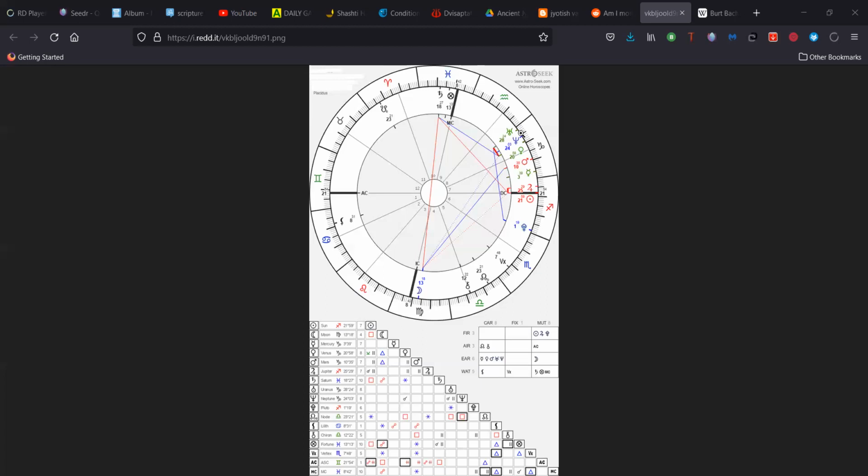Mars is pushing nature and power because he's pushing Saturn's nature to himself, and then he's pushing his power to Saturn as an exalted planet. I think that gives it a lot of power.